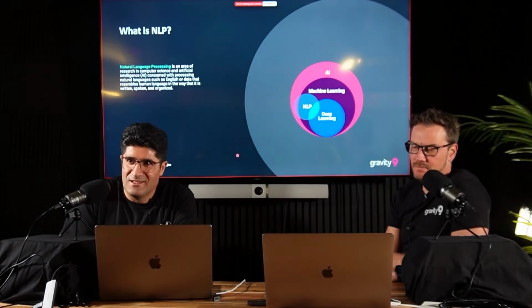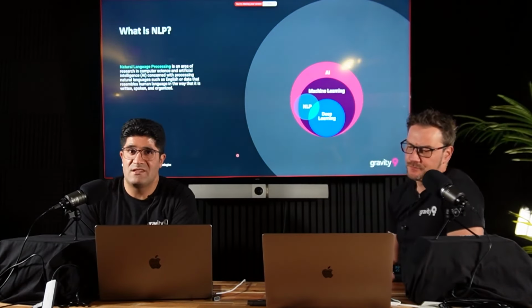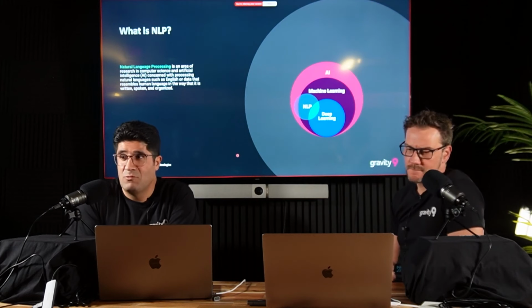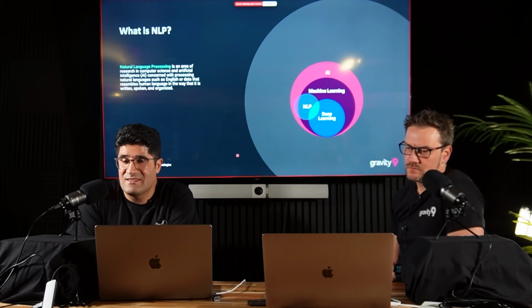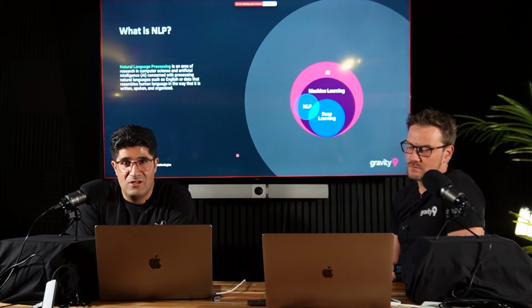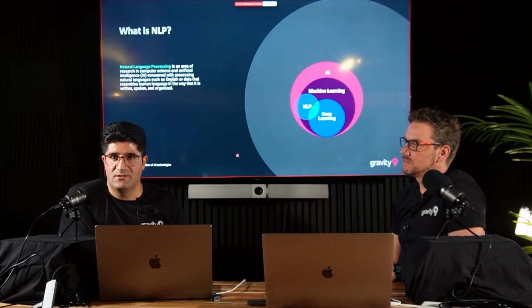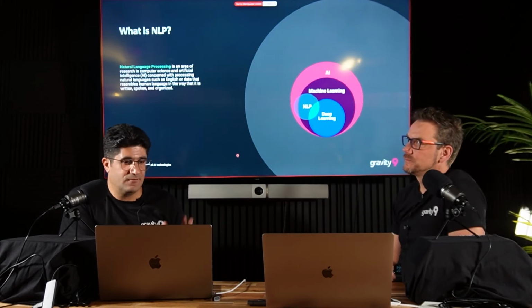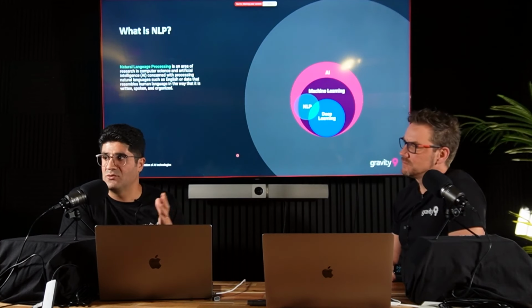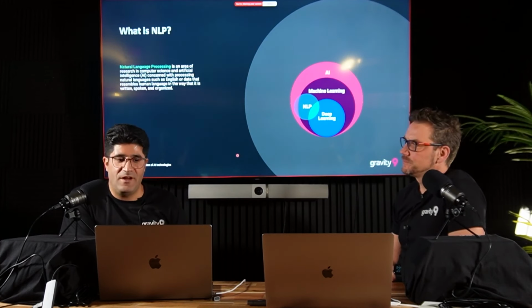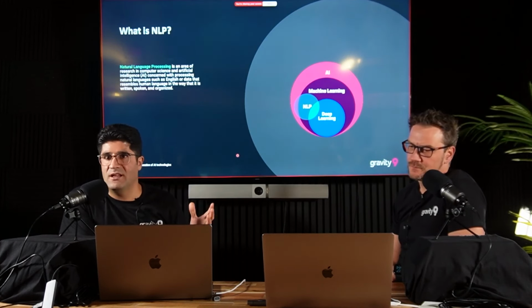So in fact, NLP, or natural language processing, is a part of AI where we try to analyze and understand human language, in different forms and shapes, for example spoken, written, or in different languages.